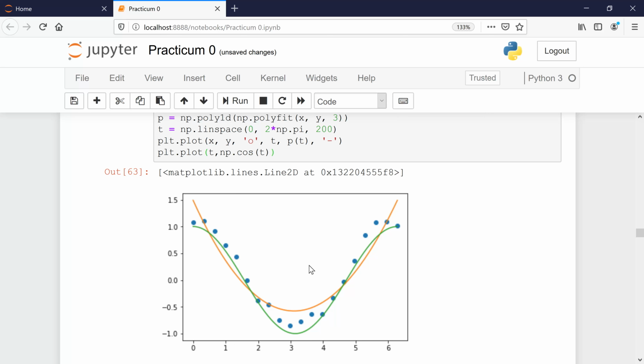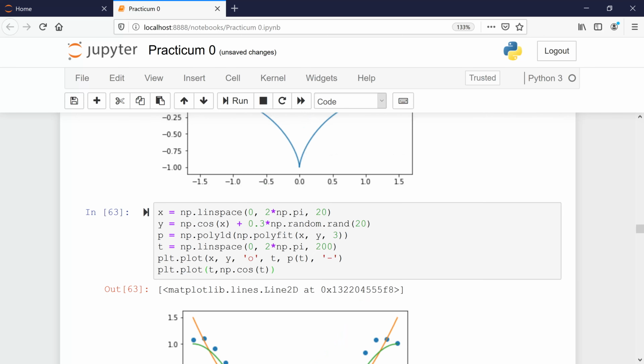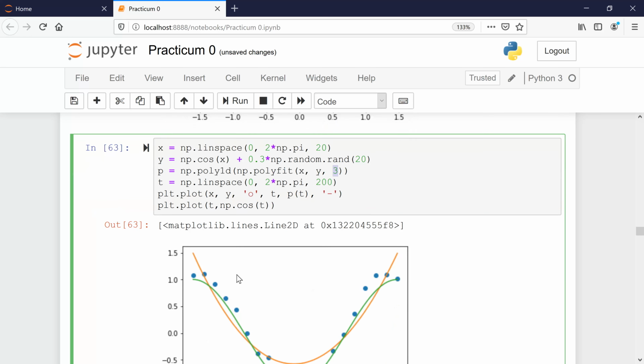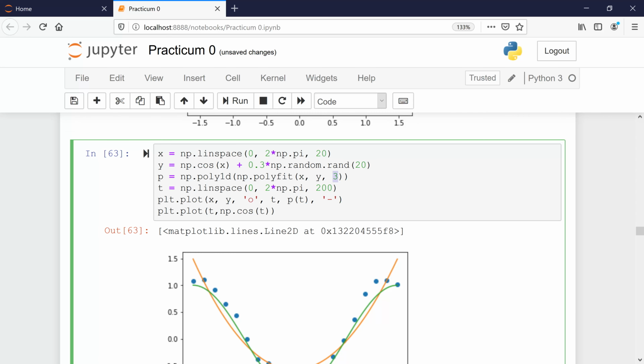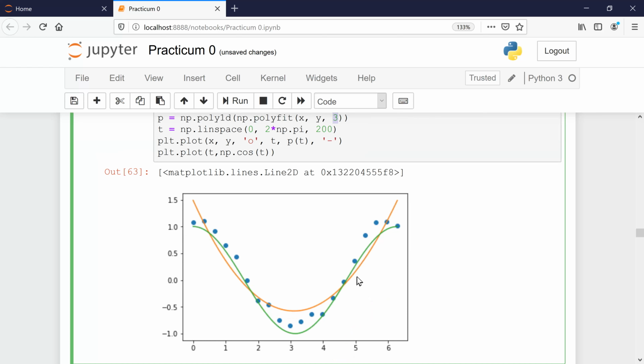Now we try to fit two things. We try to fit a polynomial of order 3, and we fit the cosine, and this is what we get. The first fitting is in orange, and the cosine is in red.